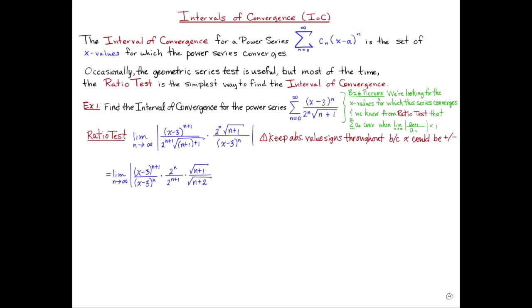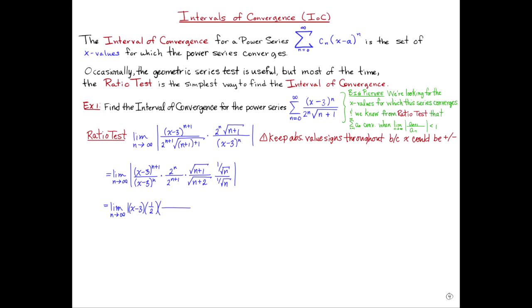I'm going to get rid of our absolute value sign, 1 over the square root of n over 1 over the square root of n. And now I'll add the absolute value sign back in. Simplifying our limit, we have the limit as n approaches infinity of the absolute value of x minus 3 times 1/2. 2 to the n divided by 2 to the n plus 1 is 1 over 2.